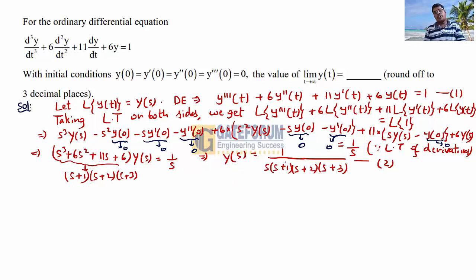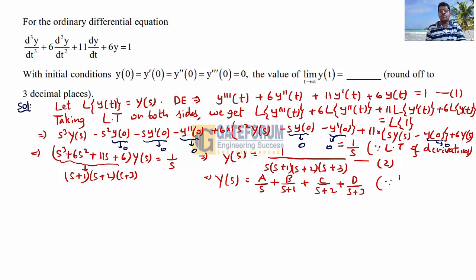Before that, the partial fractions method is applicable. Capital Y(s) has four distinct linear factors, so according to the partial fraction method, this is A by s plus B by s plus 1 plus C by s plus 2 plus D by s plus 3.